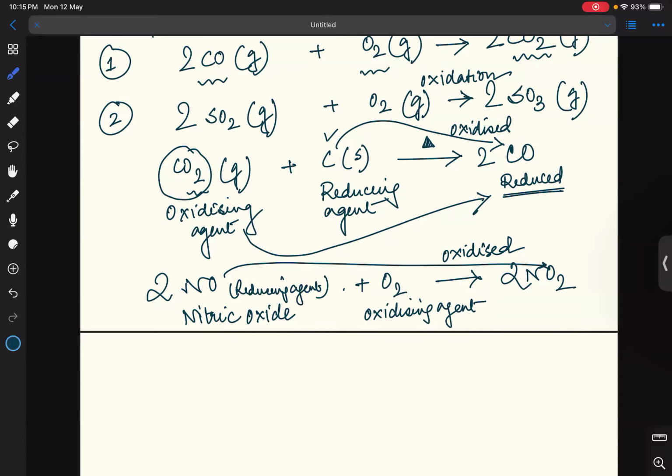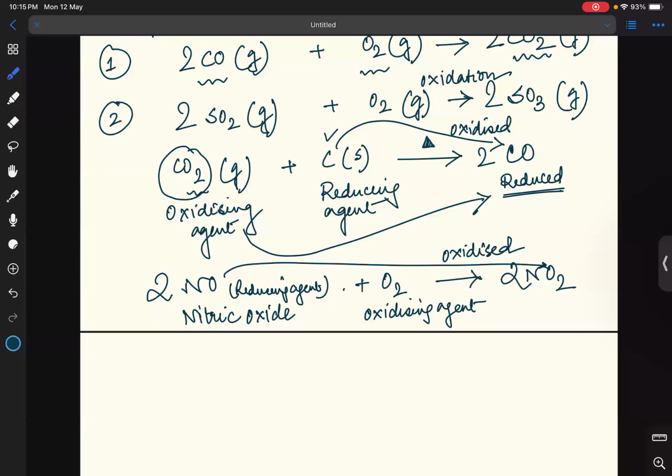By being a reducing agent, it itself takes away oxygen from the element and gets itself oxidized to NO2. So that is how combination reactions can also be redox reactions. Is that absolutely clear, students? Please tell me. Is that absolutely clear?